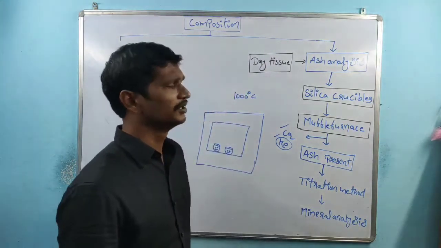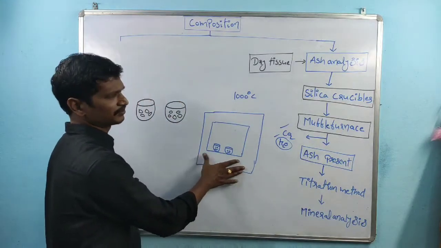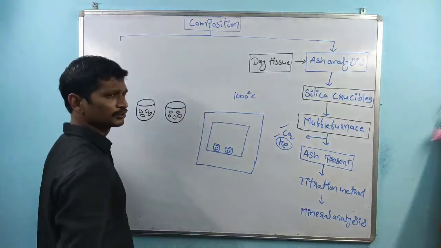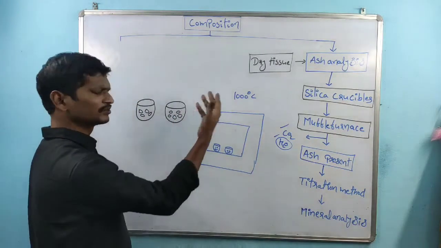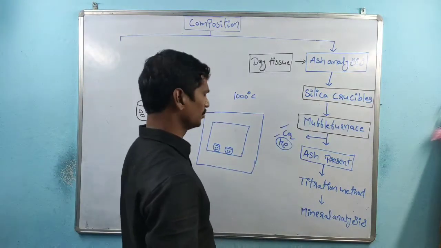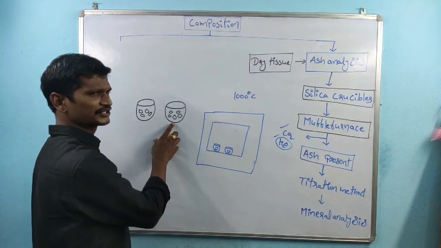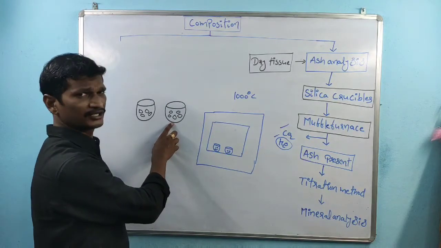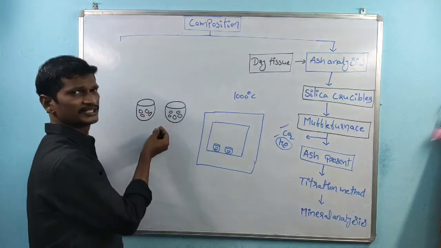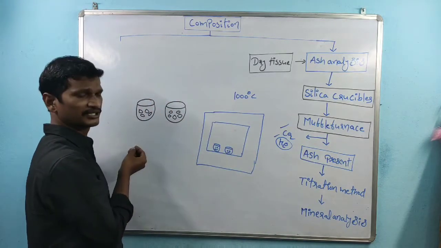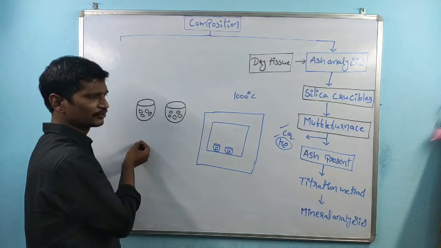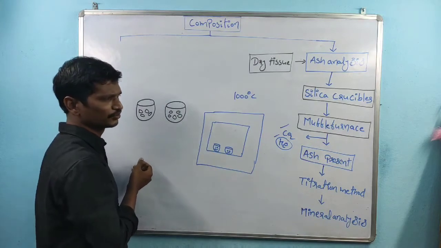So very simple: the device is called a muffle furnace, which maintains up to 1000 degrees centigrade, sometimes even more. The silica crucibles are heat resistant and stable at 1000 degrees centigrade. The flour or dried material is added inside the silica crucibles.